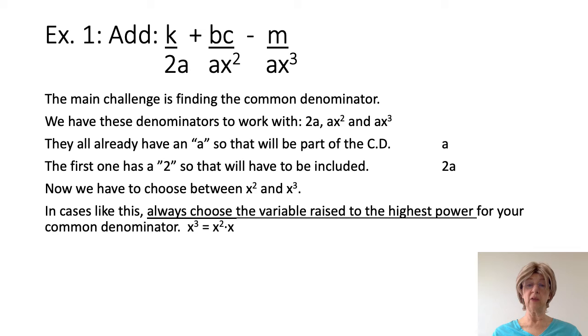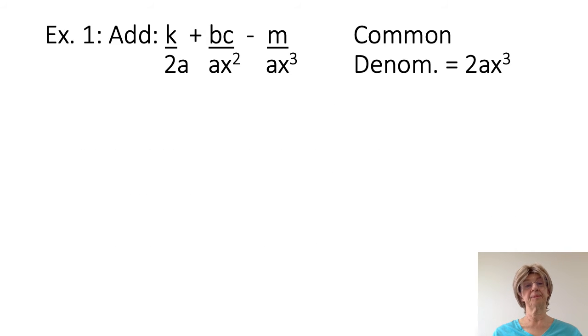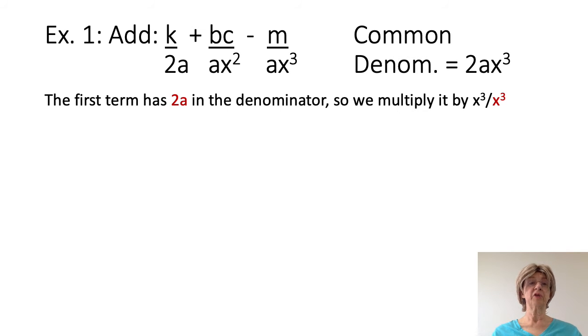X cubed equals x squared times x. It includes x squared, so that's why we choose it. The common denominator for this problem is 2ax cubed. Now we continue. The first term has 2a in the denominator, so we multiply it by x cubed divided by x cubed.